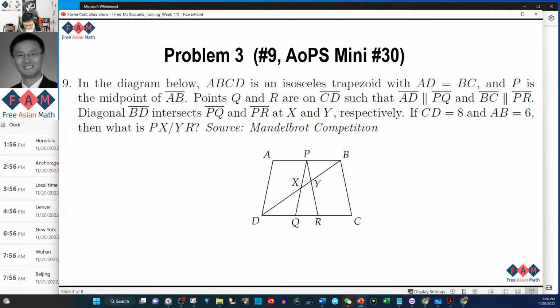And not surprisingly, those two lines, PQ and PR, will intersect this diagonal BD at 2 points, X and Y. And you are provided with a whole bunch of numbers. CD equals 8, AB equals 6. That means the top is 6, the bottom is 8. But what is the ratio between PX and YR? Okay, that is interesting. PX and YR.